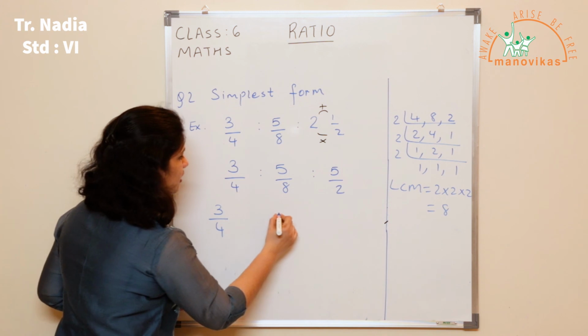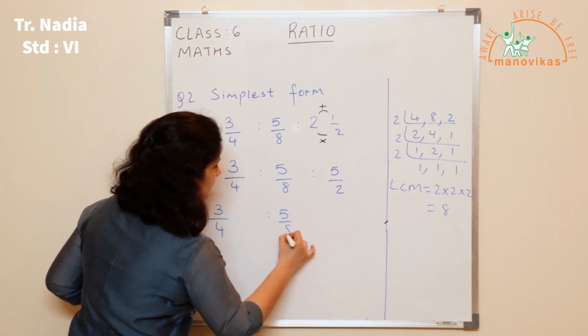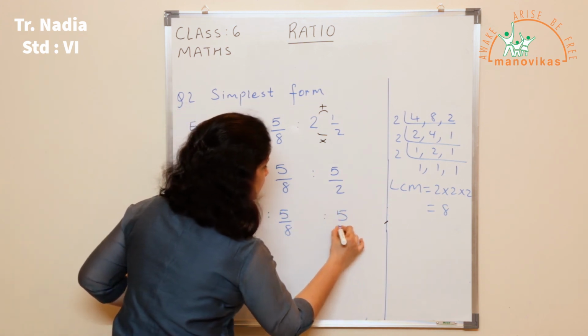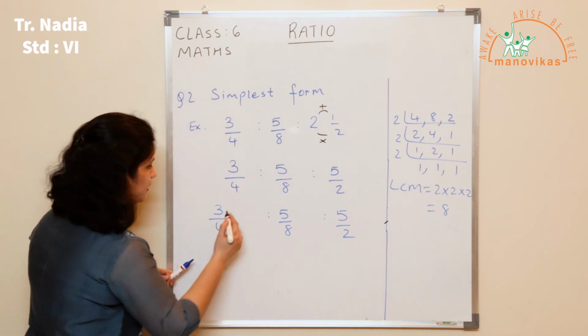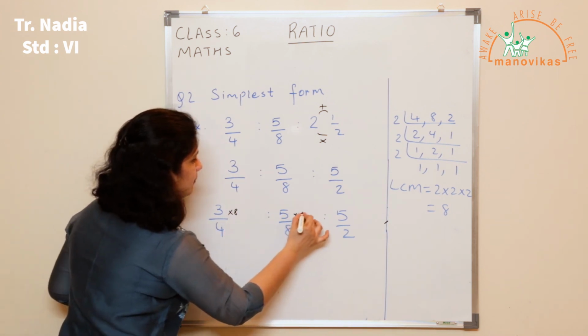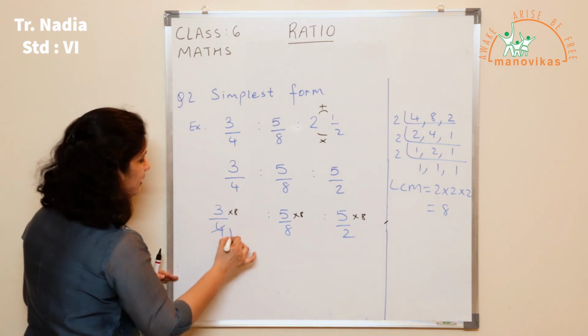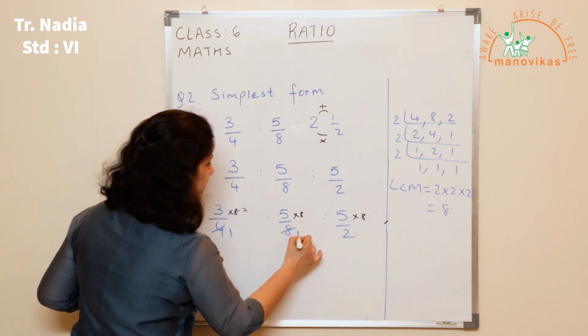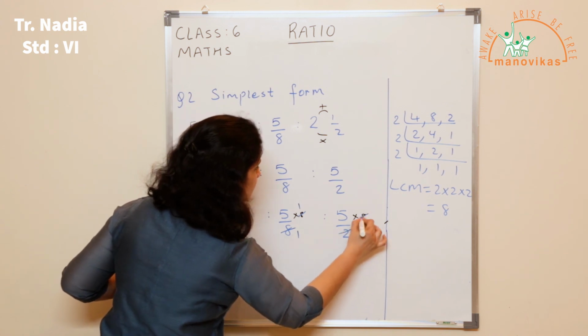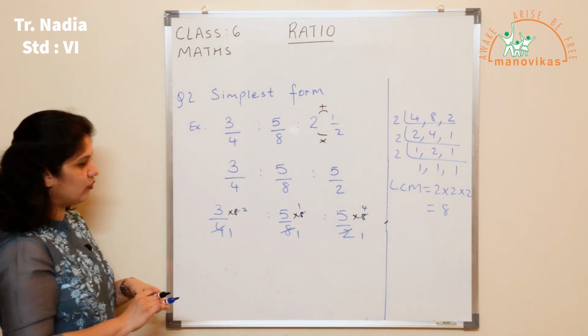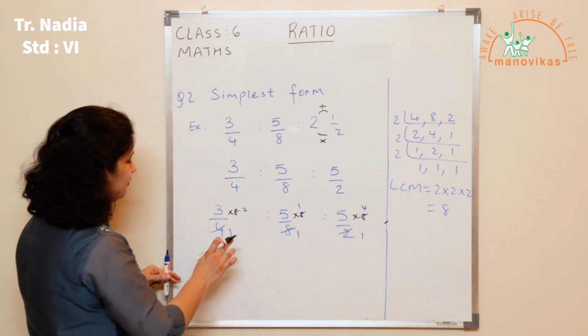Multiply each term by the LCM in the numerator. So multiply by 8, multiply by 8, multiply by 8. Try to reduce whatever you can. 4 ones are 4, 4 twos are 8, 8 ones are 8, 8 ones are 8, 2 ones are 2, 2 fours are 8. Let us see what is left in the first, second and third term.